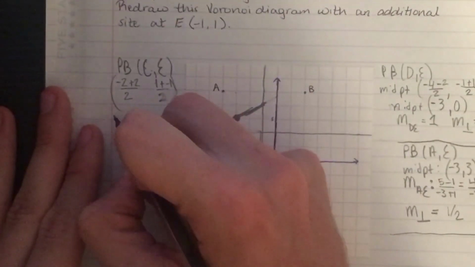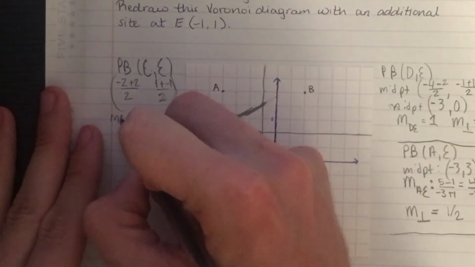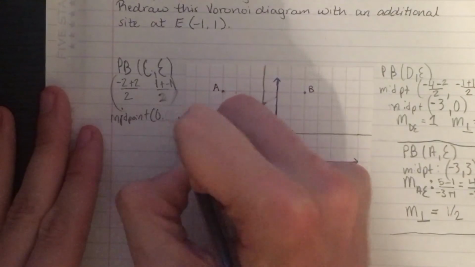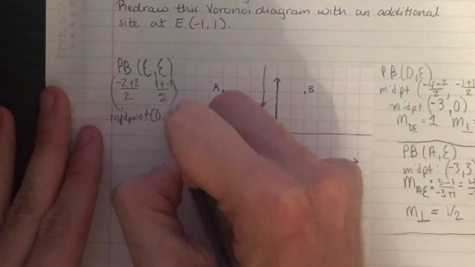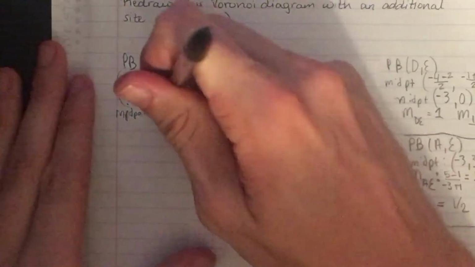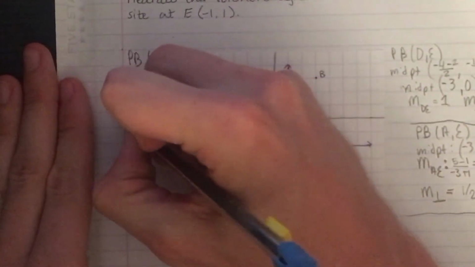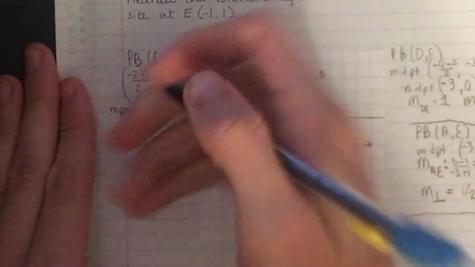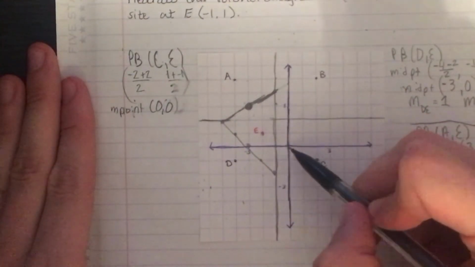So that's going to give us a midpoint of 0, 0. That pesky tape. I'm going to have to start over further left. Excuse me, you all. So we're just going to say midpoint of 0, 0. So that would be here.